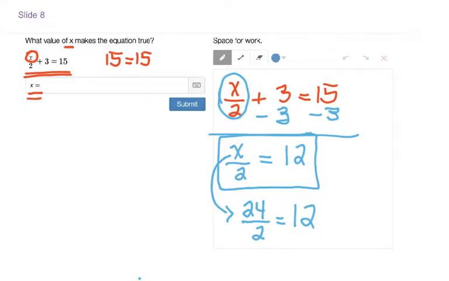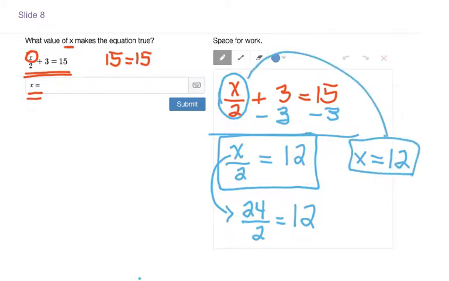So x, in this case, the way I just solved it, x is equal to 12. That means that if I substitute this value of x right here into the equation, the left-hand side will be equal to 15 and the right-hand side will be equal to 15.